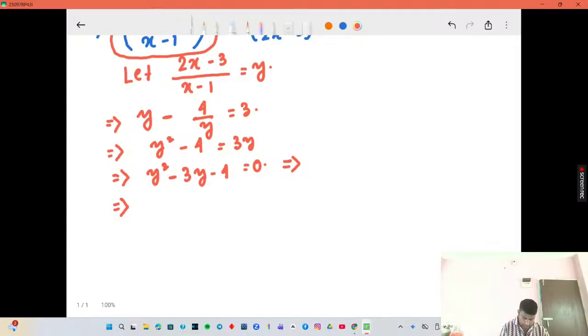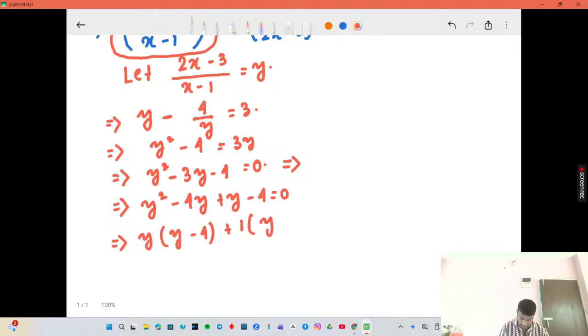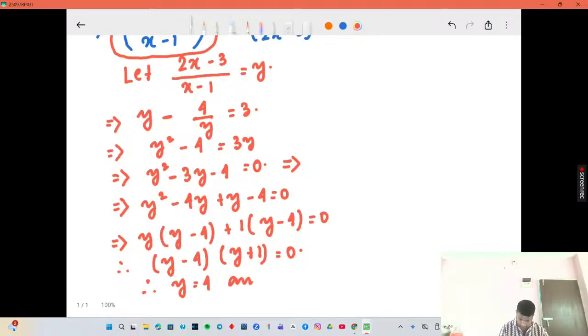Therefore, y square minus 4y plus y minus 4 is equal to 0. Or y (y minus 4) plus 1 (y minus 4) is equal to 0. Therefore, (y minus 4) (y plus 1) is equal to 0. Therefore, y is equal to 4 and y is equal to minus 1.